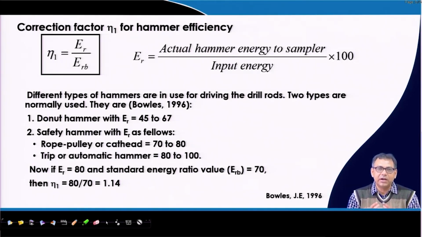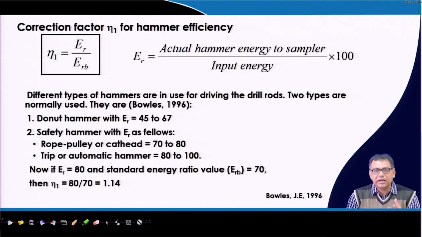Based on that we will get the input energy you will apply during your test. But in the actual case, there may be some energy loss, because everything may not be in proper shape. So, during the test the input energy and the actual energy that you are applying may not be the same.